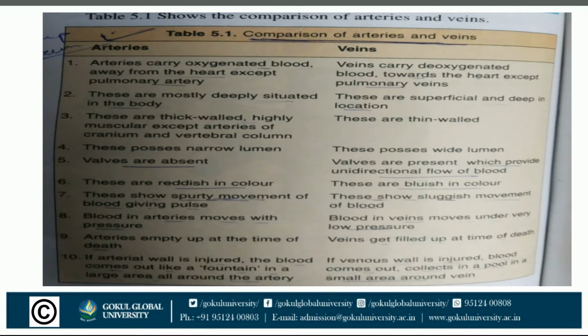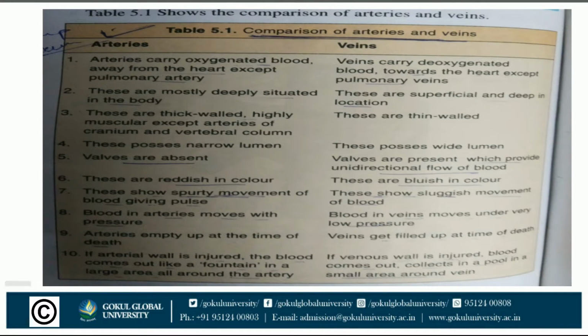Veins are thin walled. Simple logic: artery, thick wall, highly muscular, so its lumen will be smaller. Vein wall is thinner and smooth muscle is less, so its lumen will be wider.